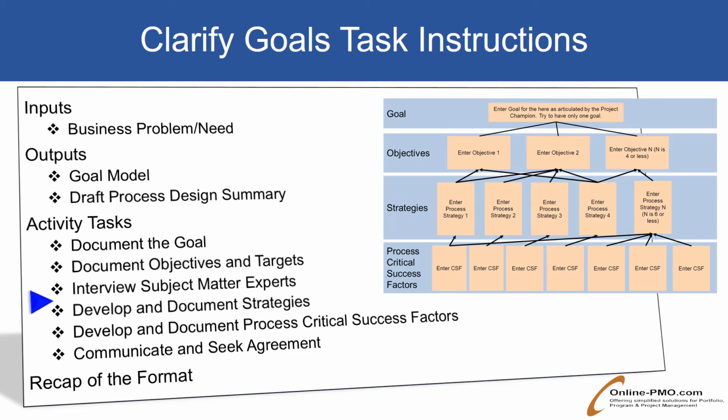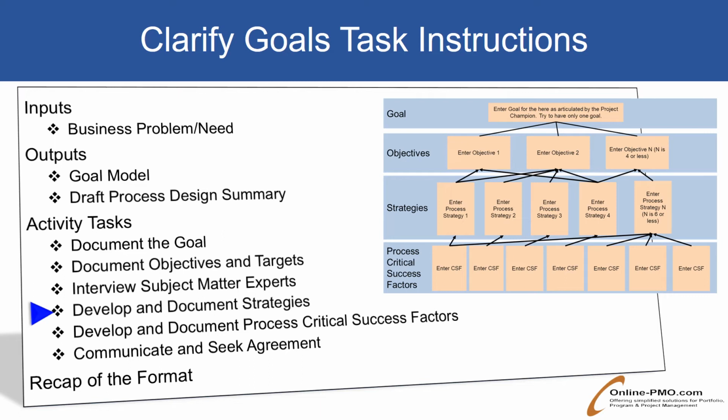The fourth task is to develop and document strategies. Through the iterative investigation of the as-is state, strategies will be identified, which need to be implemented to achieve the objectives of the desired end state. The strategies are refined and linked to the appropriate objective, which they support.